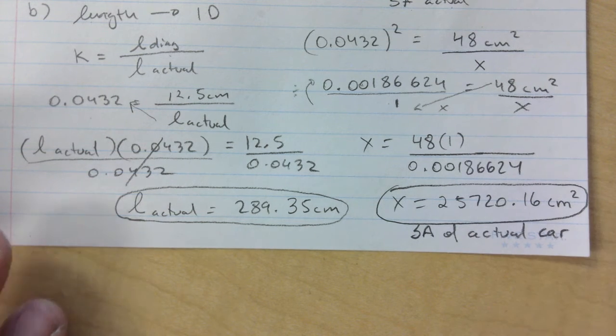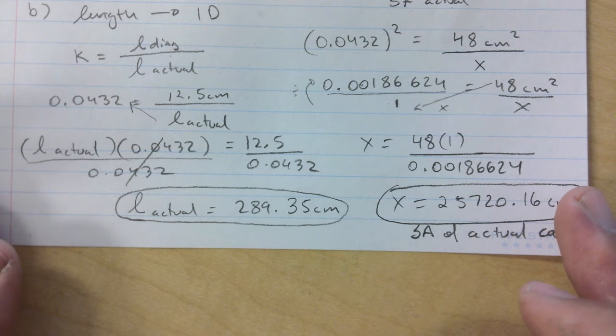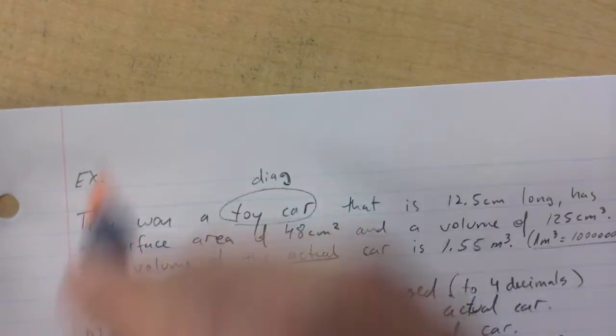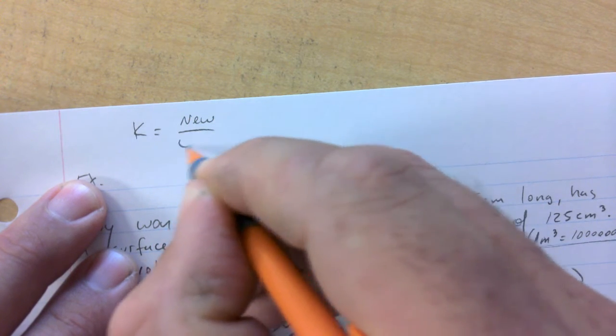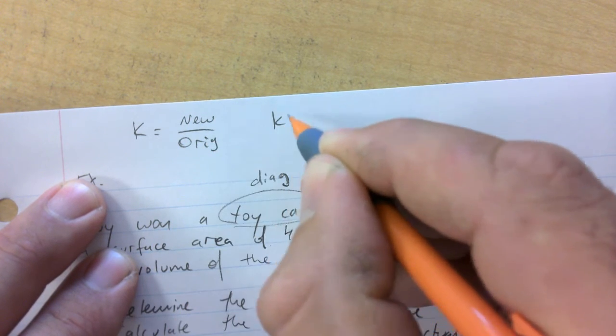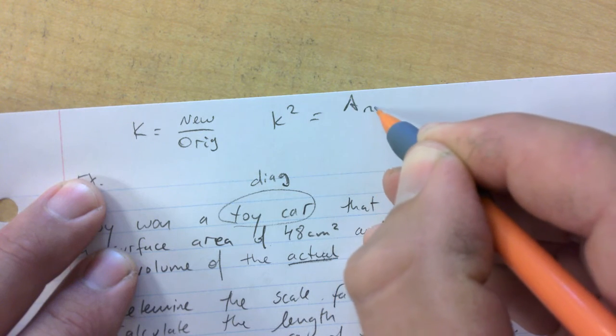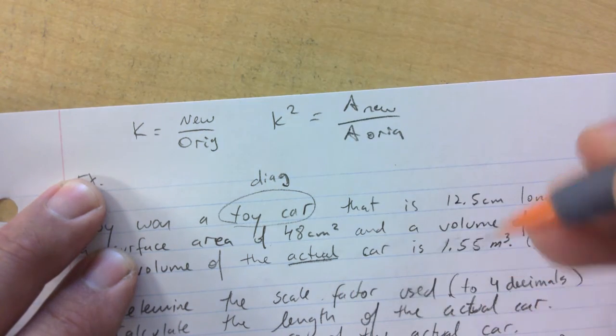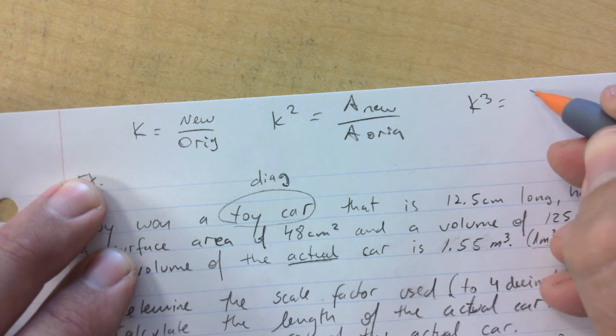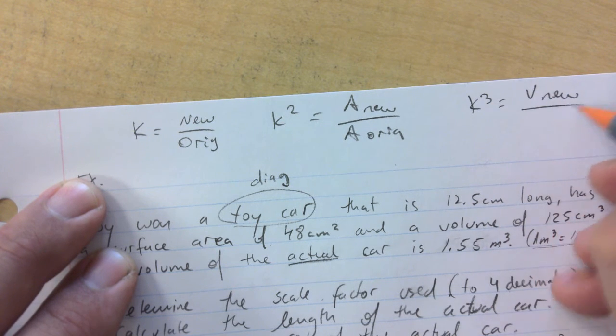That, again, I will tell you this. If you get this right, you basically always go back to it's either K, new over original, or it's K squared, area of new over area of original, or it's K cubed, volume of new over volume of original.